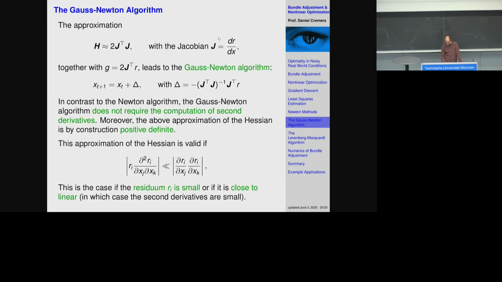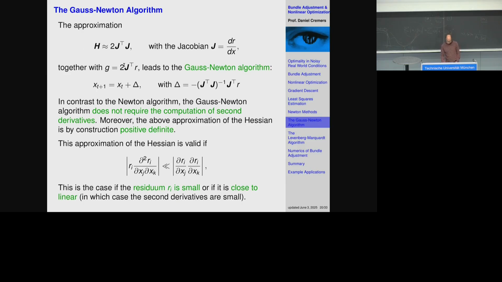So if you call J the matrix, this is called the Jacobian matrix, involving the derivatives of all the residuals with respect to all the unknowns, then the approximation is that the Hessian matrix is 2 times J transpose J.